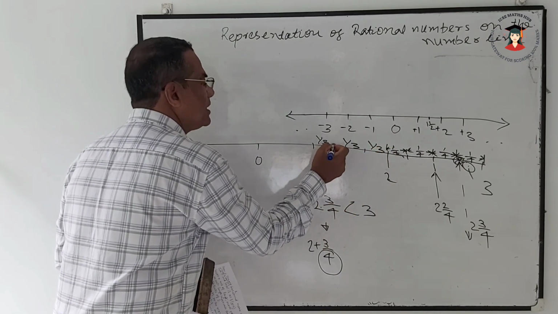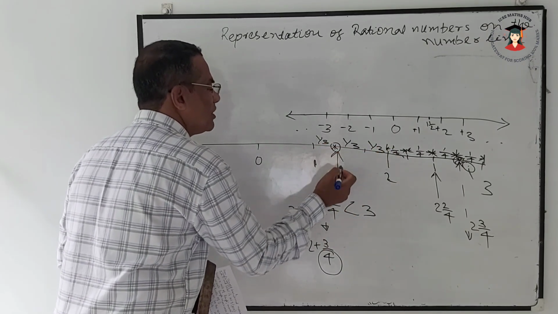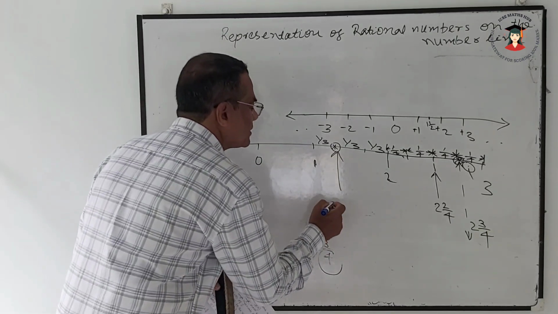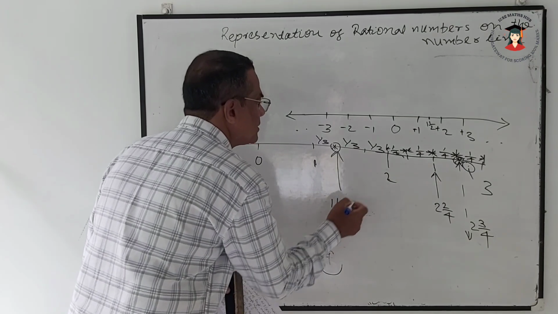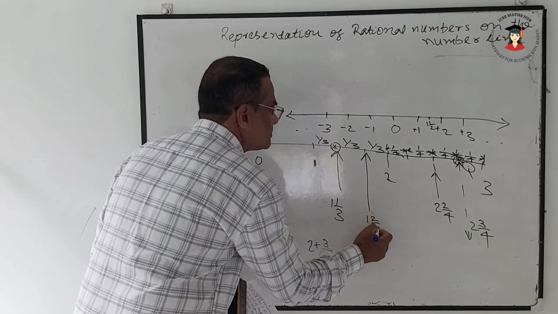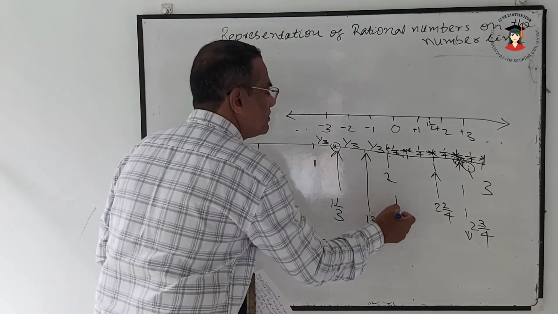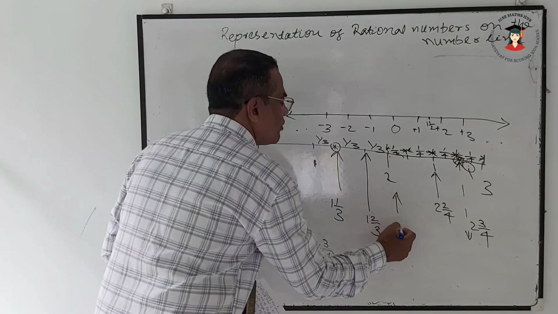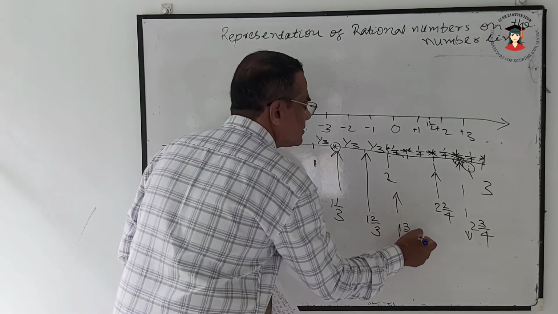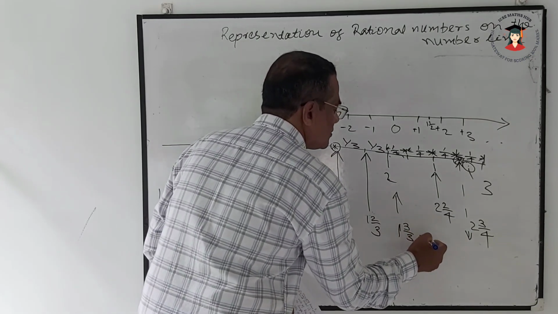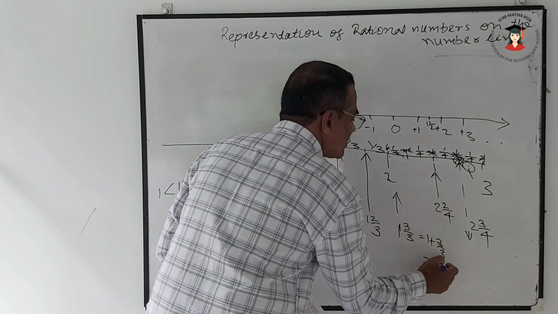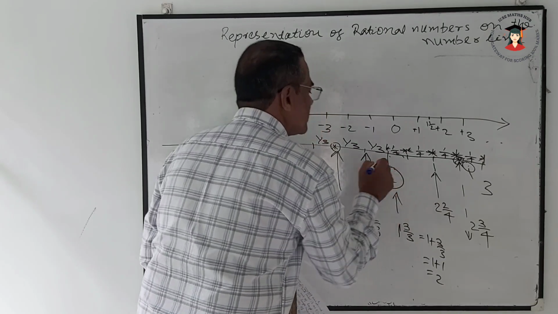So this point will be 1 and 1 by 3, this point will be 1 and 2 by 3, and this point will be 1 and 3 by 3. 1 and 3 by 3 means 1 plus 3 by 3, that is 1 plus 1, which equals 2 only.